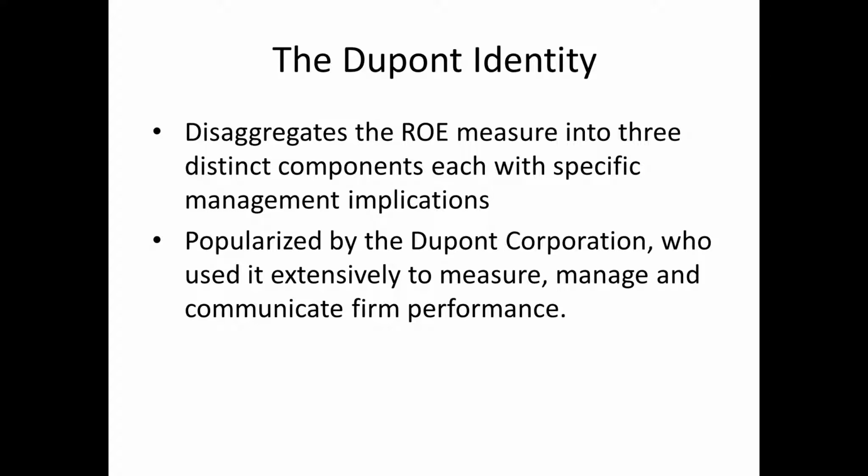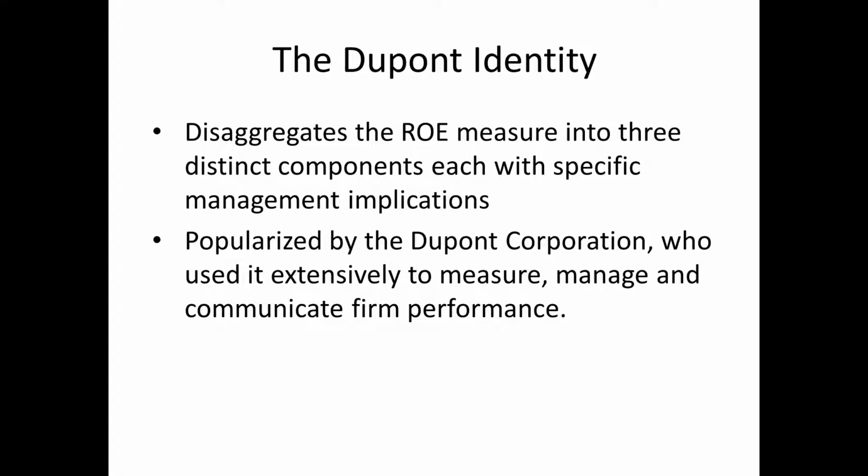That last point ties into an interesting set of ratios and an approach that was basically popularized by the DuPont Corporation, which is a chemical company, in the last century. And they used it a lot to measure, manage, and communicate how the firm was doing. Basically, it takes the return on equity measure and breaks it into components.